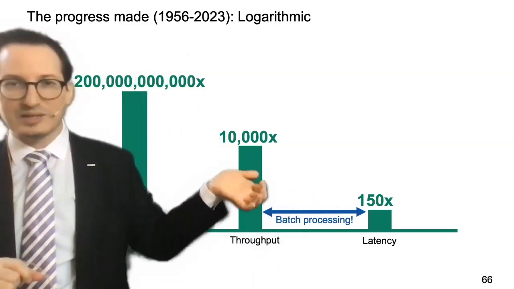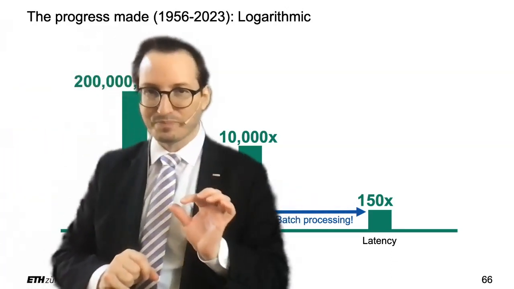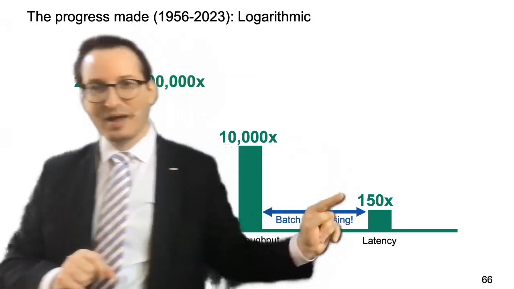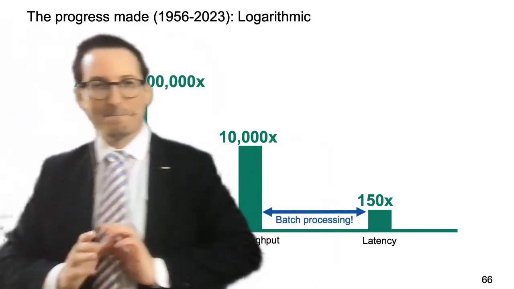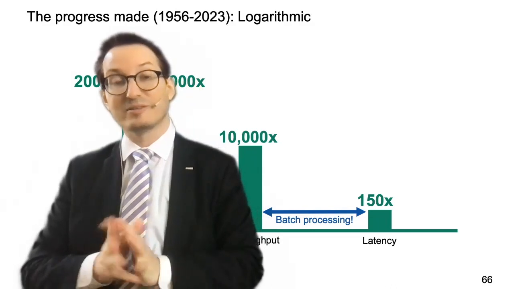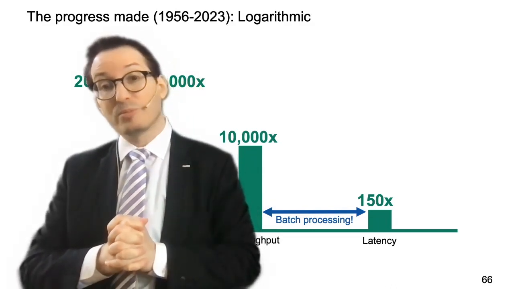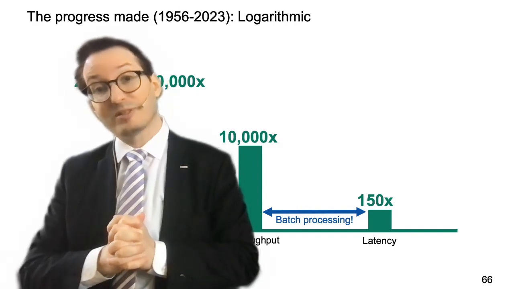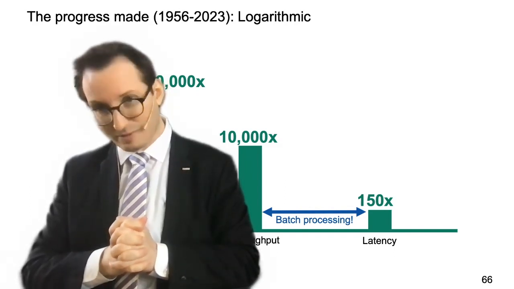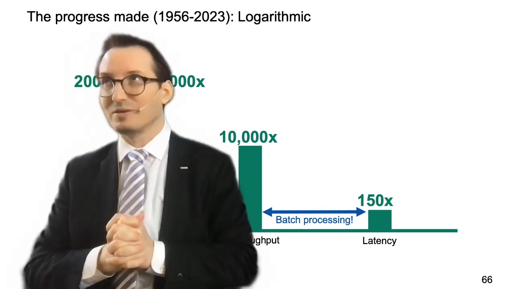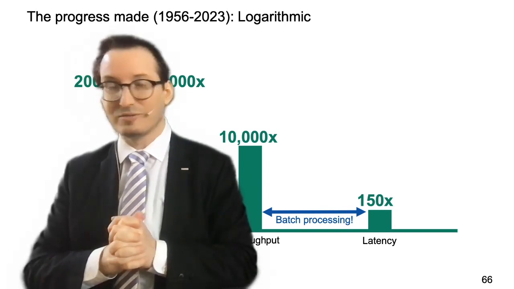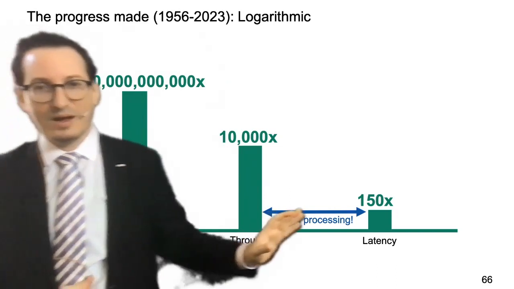Now, if I divide the 2 seconds by 150, I would get roughly 2000 divided by 150, probably something like 14 milliseconds.